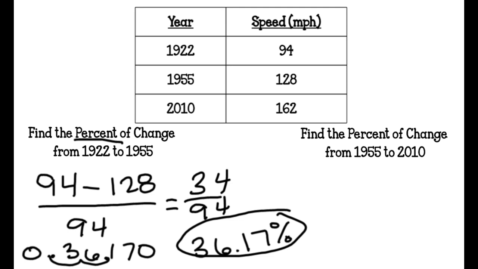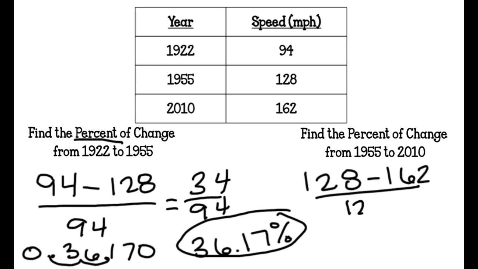1955 to 2010 percent of change. So you take the original, which is 128, minus the newer one, which is 162, divide by the original. And 128 minus 162 gets us, that's funny, negative 34 again. So we write 34 over 128.